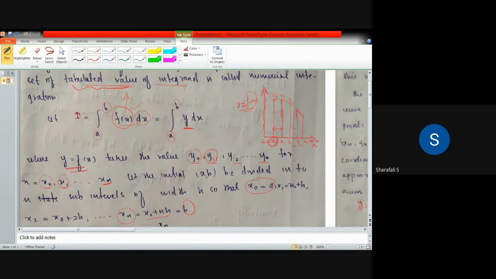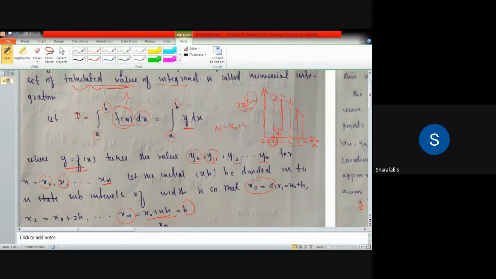And what is xn? Xn will be equal to x0 plus nh. Why? Because if you consider x1, what is x1? X1 is x0 plus this h. If you consider the separation between these two x values, that is h, then this x1 will be equal to x0 plus h, right?